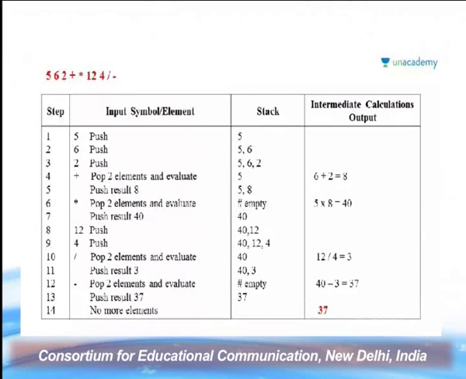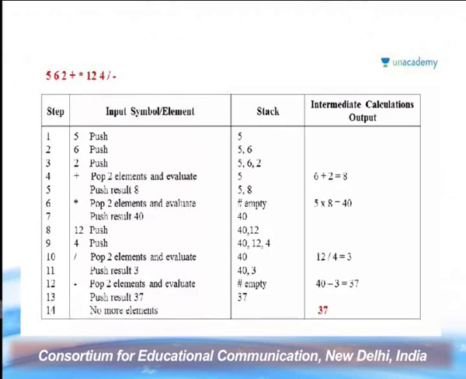Now, the next symbol scanned is plus. What do we need to do? We need to operate this plus with the topmost two symbols, that is 6 and 2. So, 6 plus 2 will be 8, and this intermediate result will again be pushed onto the stack.